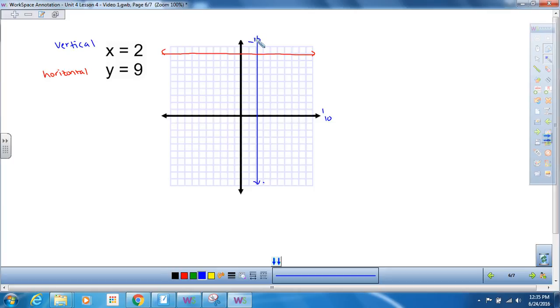So are these lines parallel, perpendicular, or neither? Well, all horizontal and vertical lines are perpendicular. Two vertical lines are parallel, two horizontal lines are parallel, but one vertical and one horizontal are perpendicular.